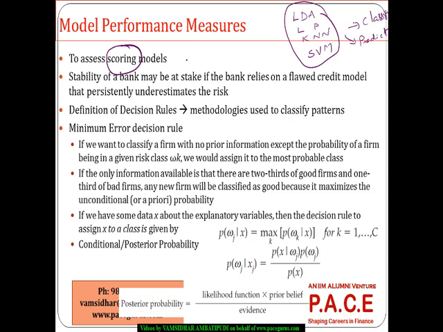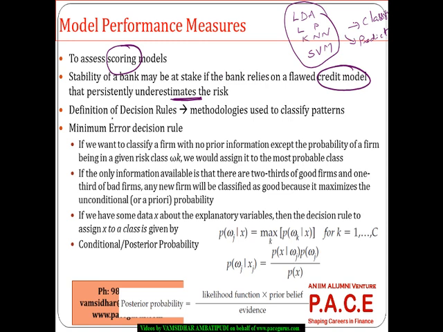Because if a bank has used a flawed model, a wrong model, and that model consistently underestimates the risk, the bank is very much at risk. The stability of the bank is under a question mark.